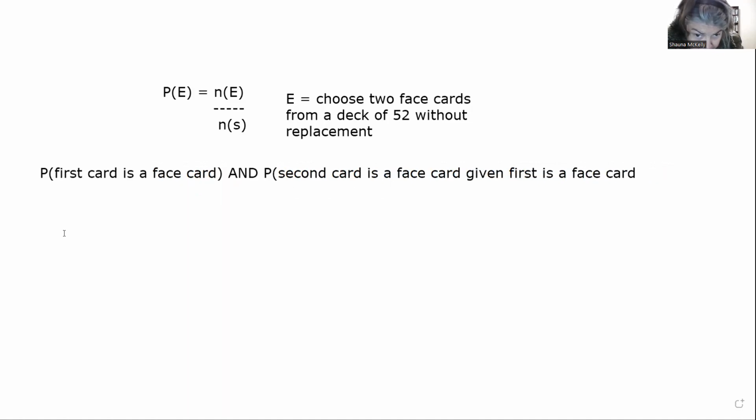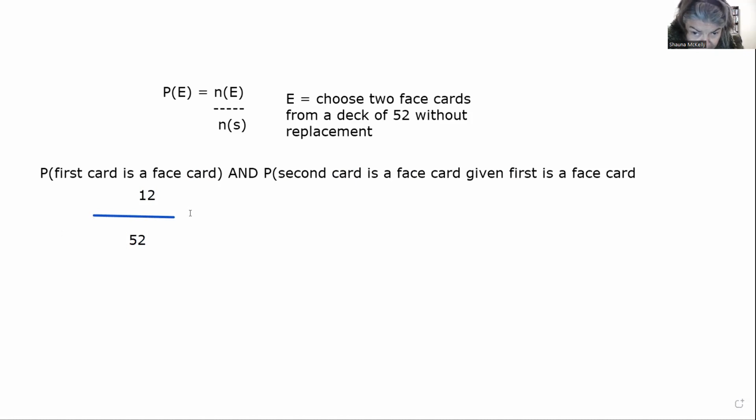If you do it this way, how many ways are there to get a face card the first time? There are 12 face cards in the deck and 52 cards total, so 12 out of 52.